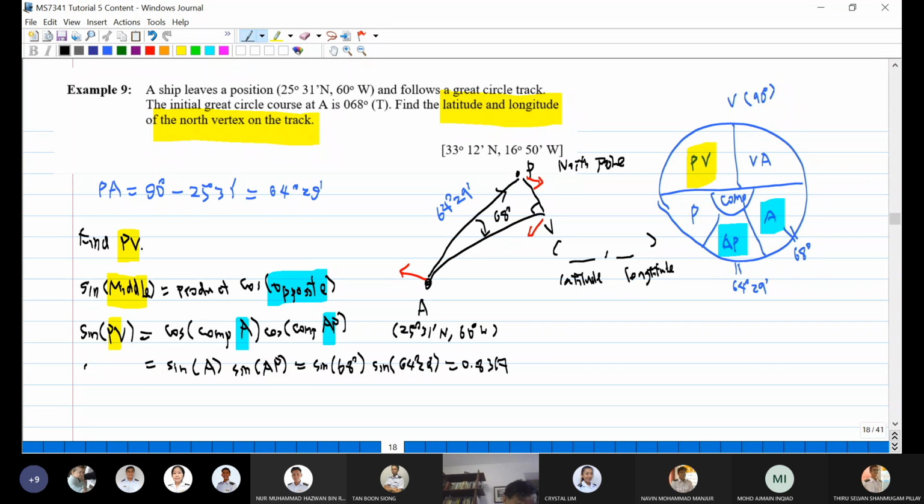So this is sine PV. So PV is equal to sine inverse of the answer. Shift sine inverse answer. You get 56 degrees 48 minutes.